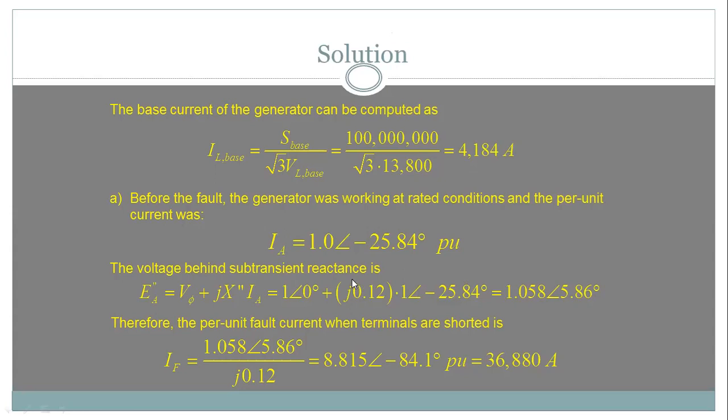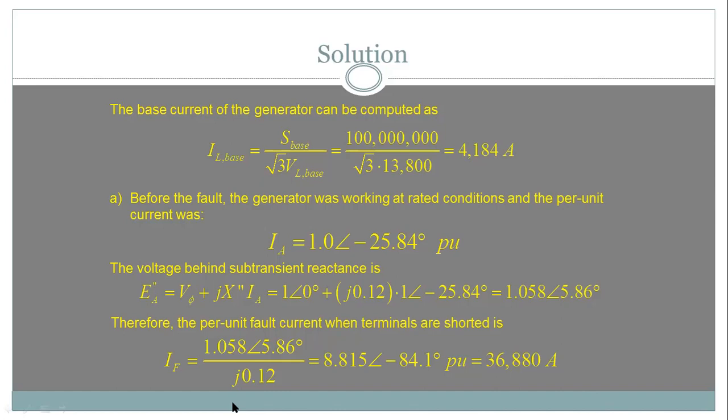Now, in the loaded condition, what is the subtransient current actually? So we have to find out the load current. The rated voltage is 13.8 kilovolt and rated power is 100 MVA, and the generator is operated at this condition, so the current should be 1 per unit, because we have to convert this to per unit.